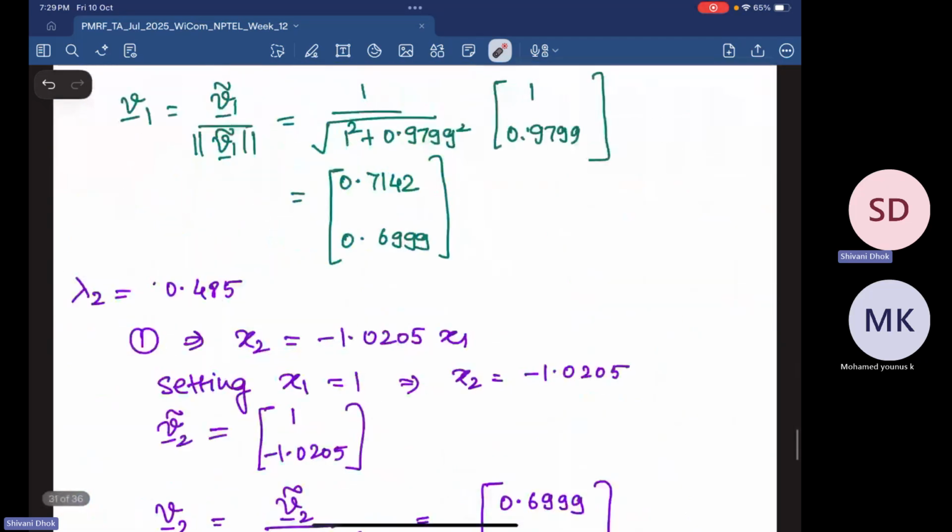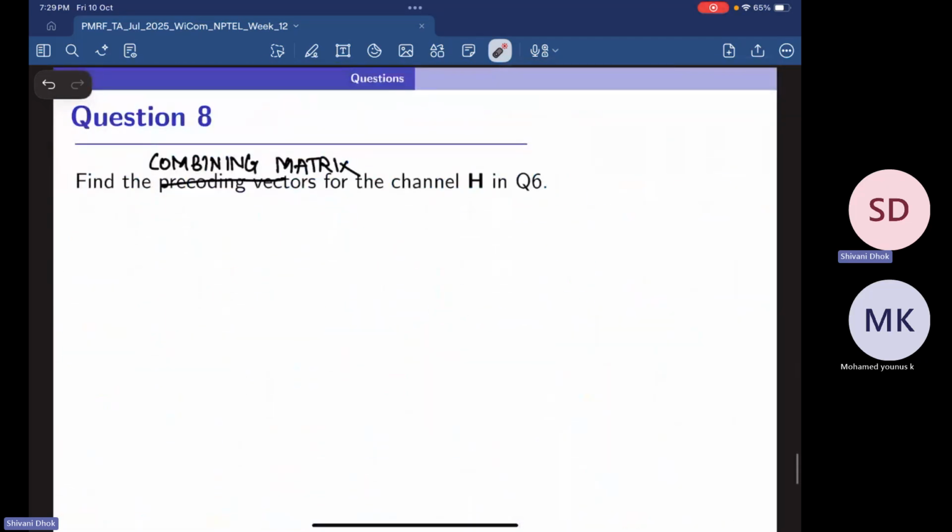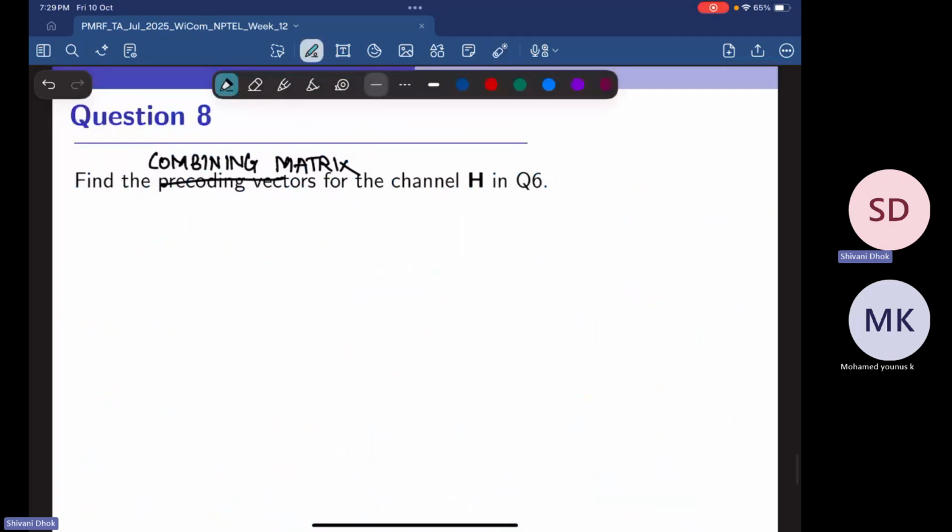Let me go back to the question. The combining matrix is U Hermitian, and U is a 3 cross 3 dimensional matrix, so I'll have U1, U2 and U3.